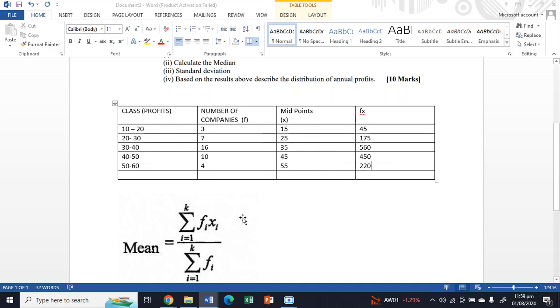As you can see, this sigma here means you total them up.